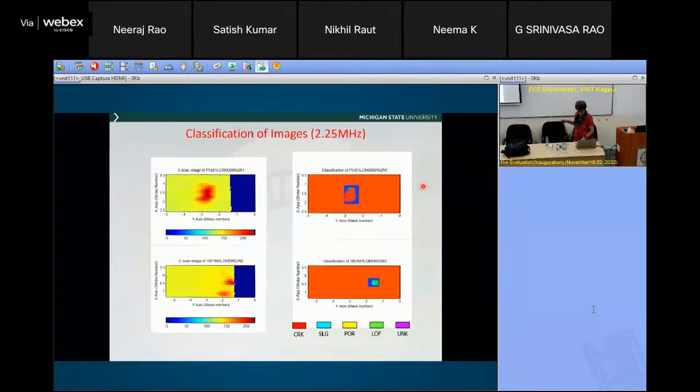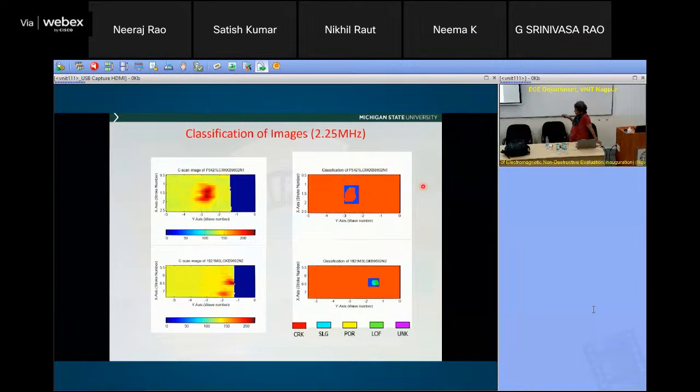Similarly, this is a crack signal. Of course, when you just look at the C scan, it's just a blob. There's not much information, and the classification is not based on these intensities; it is based on the full A scan. So we could then classify the lack of fusion and all those things.